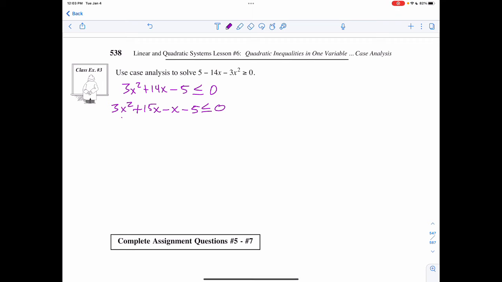I'm going to factor these by grouping and say that if I have 3x and x plus 5, and I take out a -1, I get x plus 5.